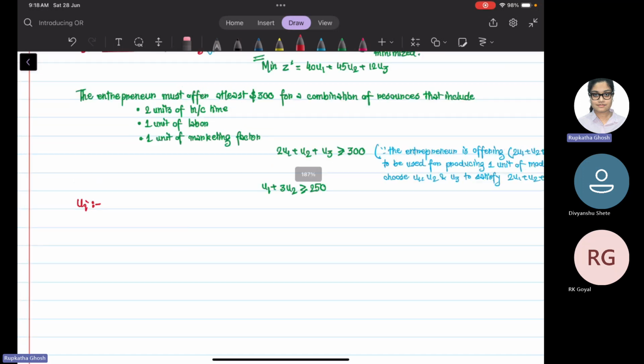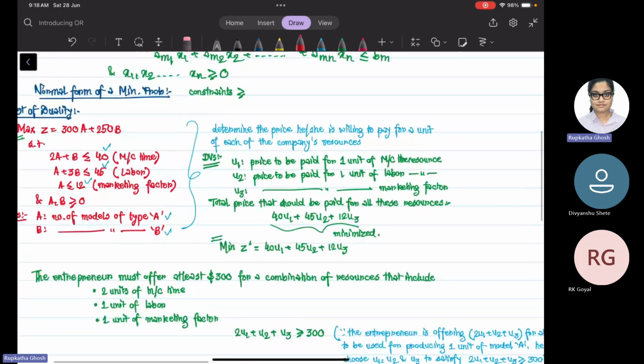Go by the definition. What did I say? I said that it is the price to be paid for 1 unit of resource. Now, can you go back to your simplex notes? I'm giving you 10 seconds and then tell me what this value is exactly. In your simplex method, there are certain terminologies which we had come across. Can you tell me?